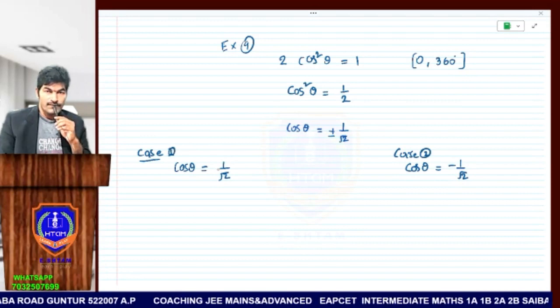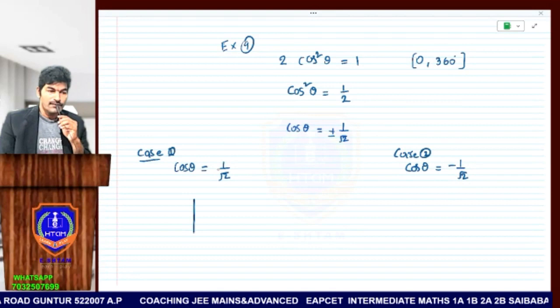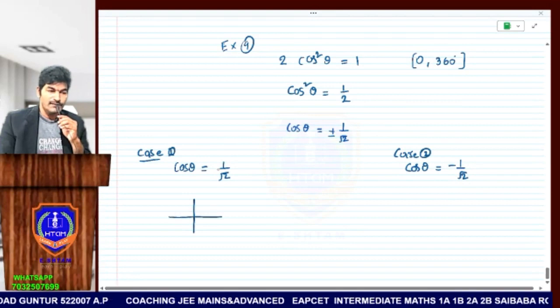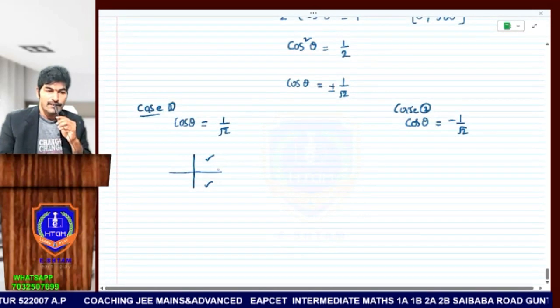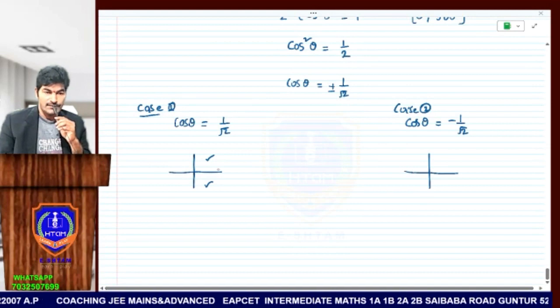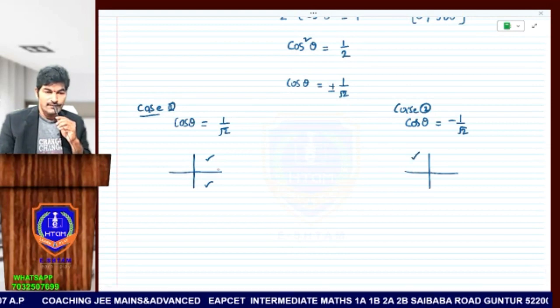Understood? Here cos theta is positive, that means it lies in the first quadrant and fourth quadrant. In case 2, cos theta is negative, that means you take the values from the second quadrant and third quadrant.